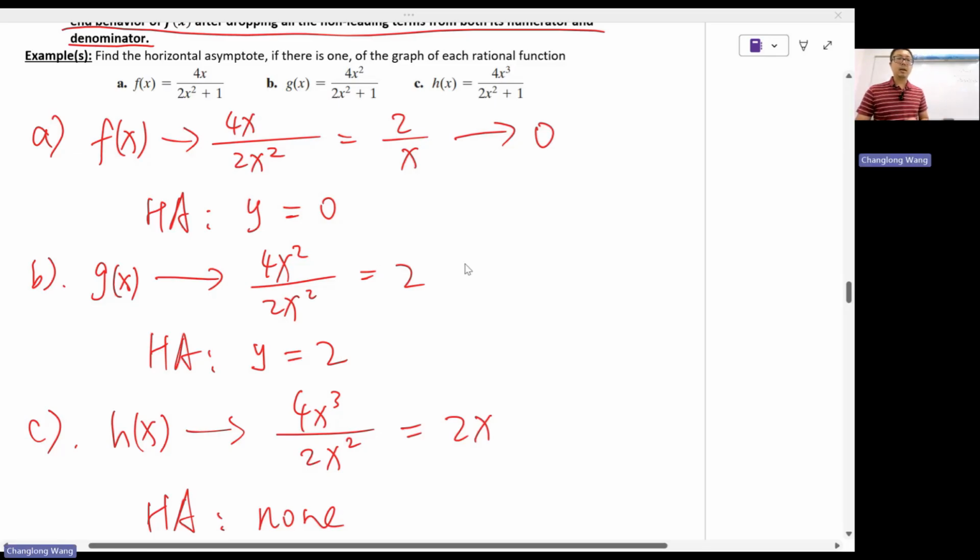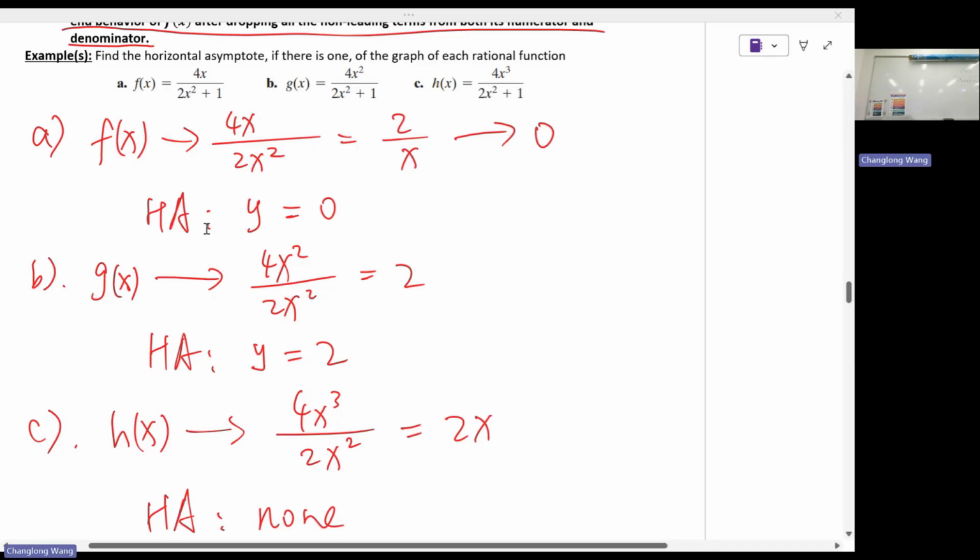All right, so before we look at the graph, are you guys expecting a HA from a function like that? Should we have a HA? Well, how do you find an HA? Drop the non-leading terms.